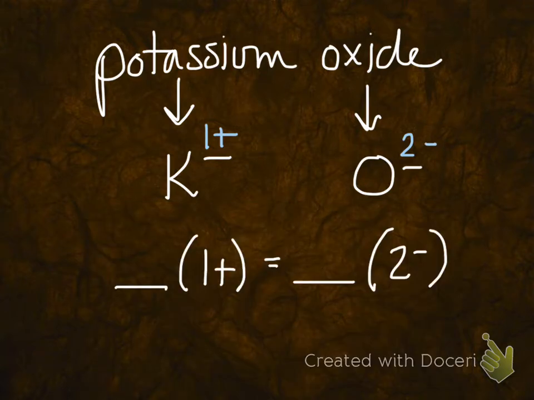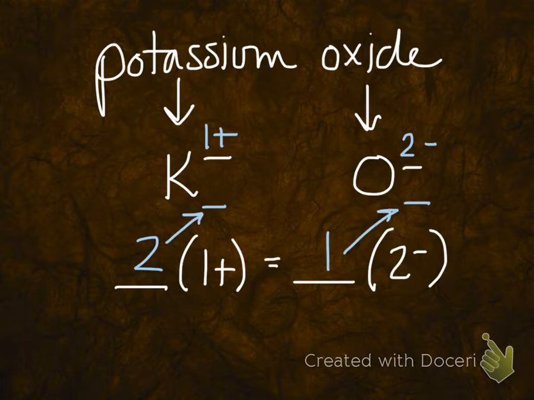Well, again, we know that 2 times 1 will equal 1 times 2, and that gives us our subscripts. So our formula is K2O. Remember, we don't write the 1 because the fact that the symbol for the ion appears tells us there's at least one of it.